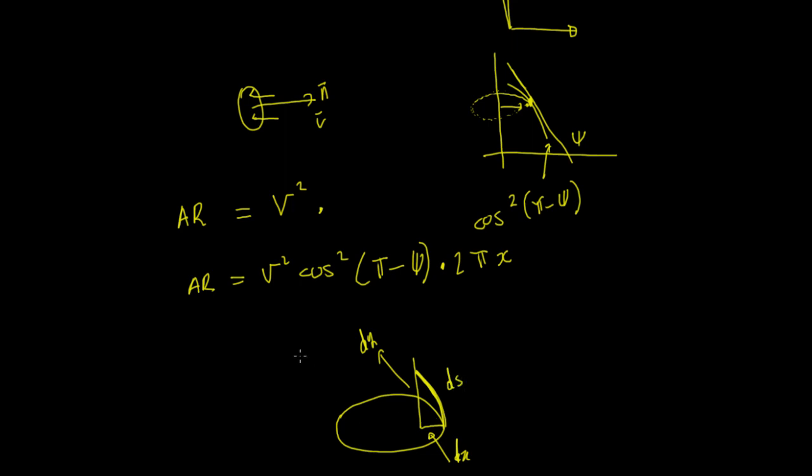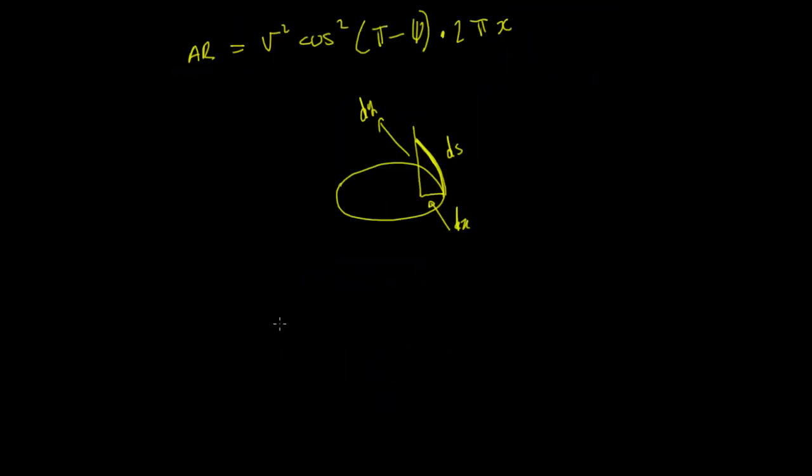So what we're going to do then is take this, which is the air resistance, and integrate it: v squared cos squared of pi minus phi times 2 pi x, and we're going to integrate it with respect to our dx.